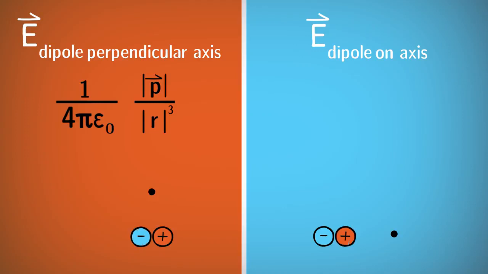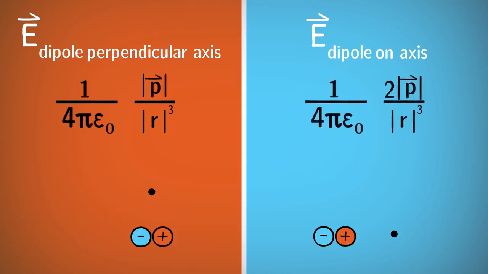Now, if we compare this expression with a very similar expression we found for the magnitude of the E field for on-axis observation locations, then we notice two things. First, we see that at the same large distance from the dipole, the E field on axis is twice as large as the E field on the perpendicular plane.